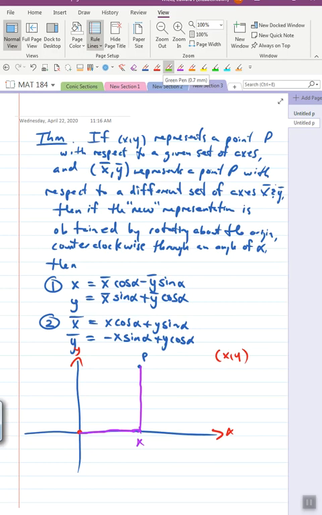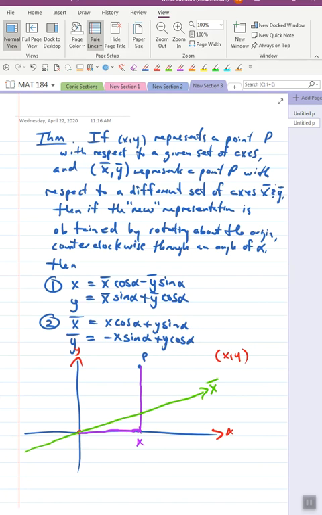But what would happen if I rotated this axis system? So instead of having the x-axis be horizontal and the y-axis be vertical, I take this same perpendicular system and I rotate it around the origin, that is, use the origin as a pivot, and rotate this whole system counterclockwise through an angle of alpha. Well, that would mean, for example, that your new x-axis, which I would not call the x-axis anymore because it's a new axis system.